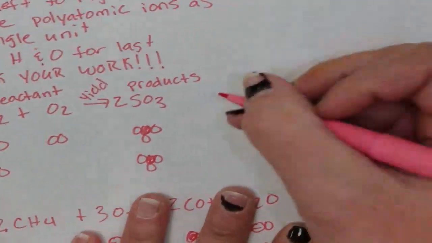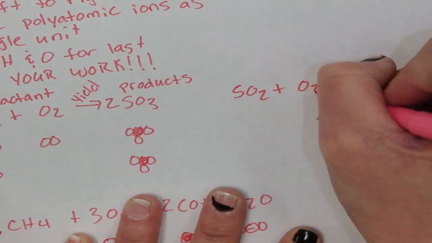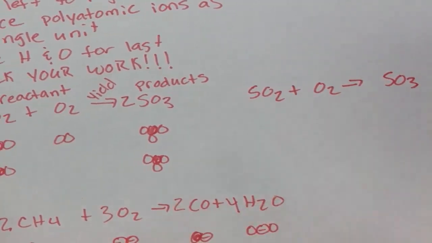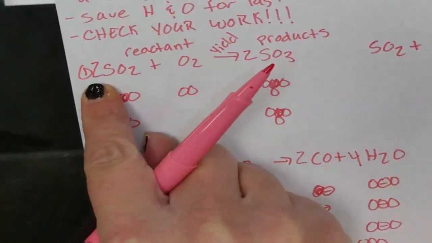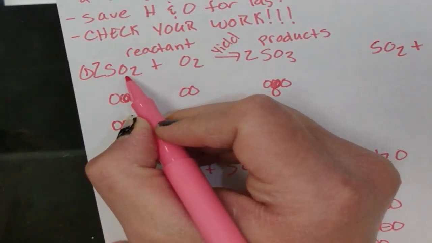We're going to come back up here, and I'm going to rewrite the original equation that we did. All right. I have a coefficient in front. This coefficient is for the sulfur and the oxygen.